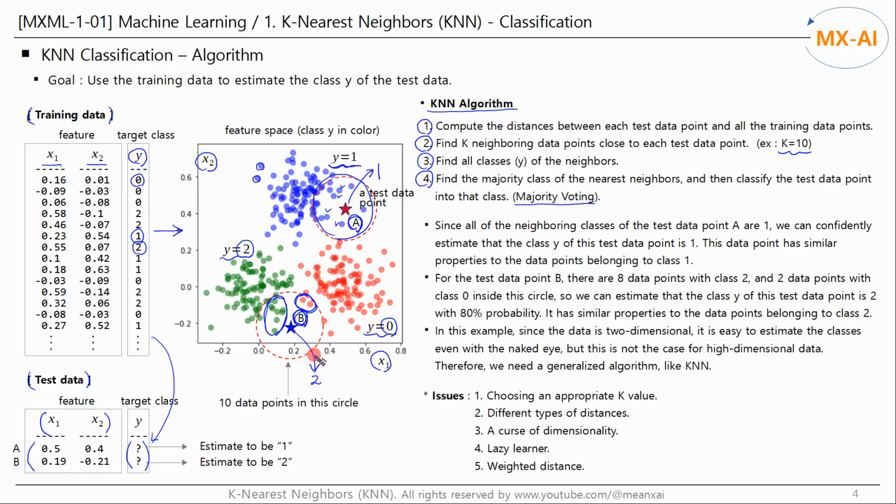This data point has similar properties to the data points belonging to class 2. In this example, since the data is two-dimensional, it is easy to estimate the classes even with the naked eye. But this is not the case for high-dimensional data. Therefore, we need a generalized algorithm like KNN.